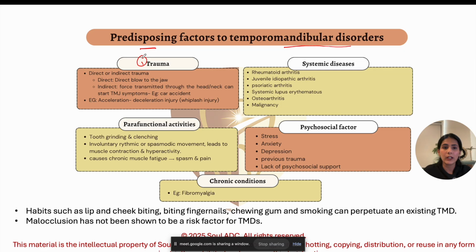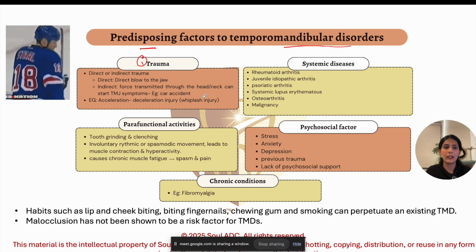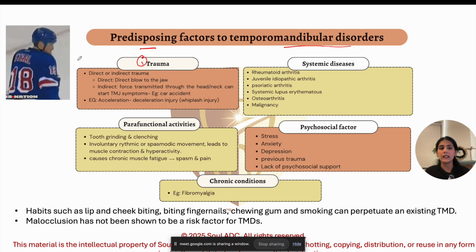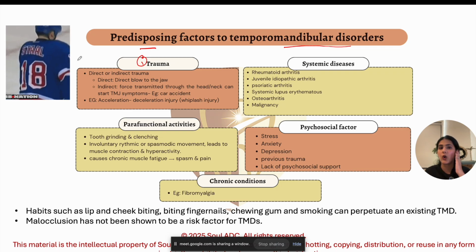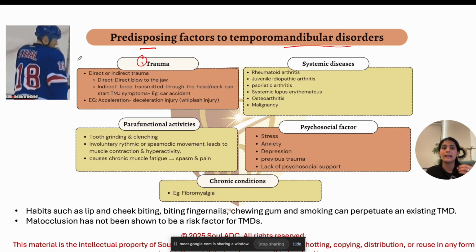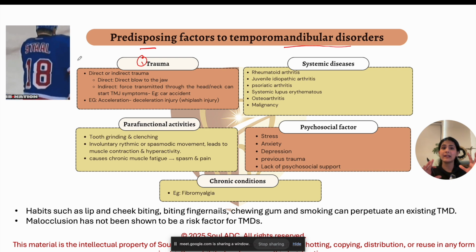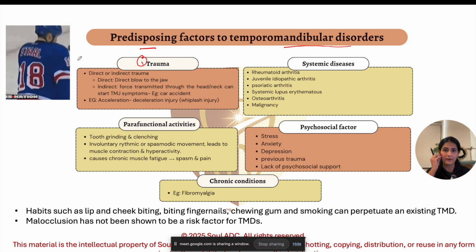Now in trauma, we are talking about direct and indirect trauma. When I talk about direct trauma, if you see here, getting a hit directly on your joint, that is direct trauma. Now what is indirect trauma? Anything which indirectly affects this area.